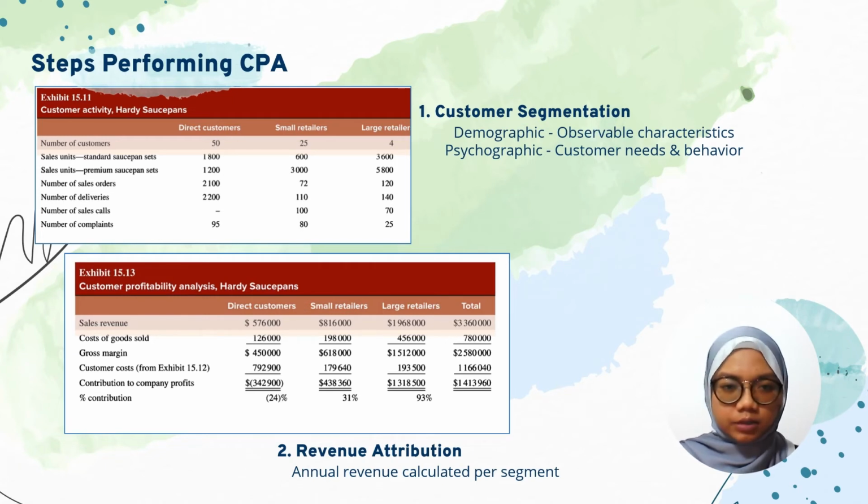From Hardy Saucepan, the selling price for standard and premium saucepan is equivalent to $160 and $240 per set respectively. To calculate the revenue generated by each customer in each customer segment, the selling price of the saucepans will be multiplied by the number of units purchased by each of the customers.